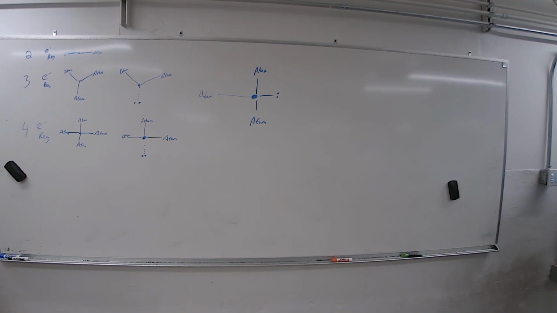How many things around it? The carbon? Three. And none of them are pairs. So that one would be trigonal pyramid, right? Yes. Four things around it. One of the things around it is a pair of electrons.